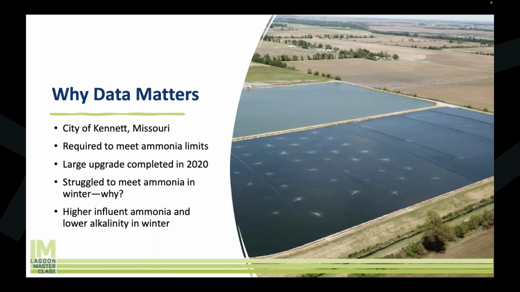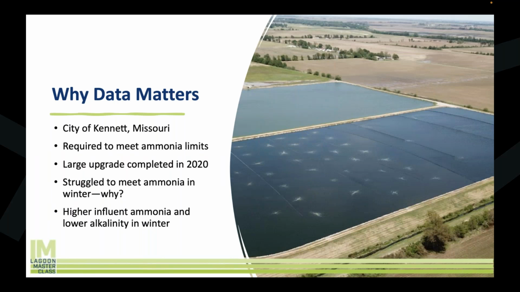But basically, the bugs that convert ammonia into nitrate eat alkalinity. So if you have higher ammonia, therefore higher demand, more food or more things you need the bugs to convert to nitrate, and you have lower alkalinity, this is not going to work.